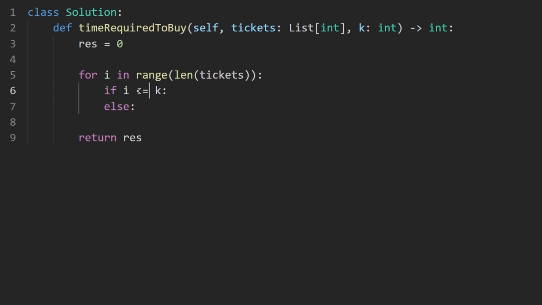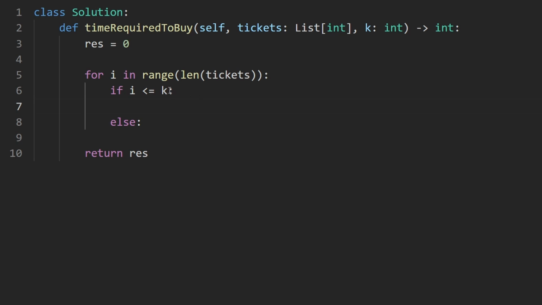We want this to represent where the index has not passed k, and this is going to represent when the index has passed k. So what we learned is everybody before and equal to k has to buy tickets before this person. And either the value, so let's say tickets of I, is either equal to k or it is less than k. So basically what we're saying is we want to take the minimum of these two values.